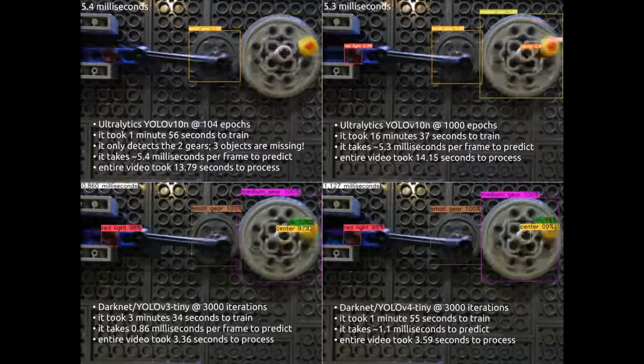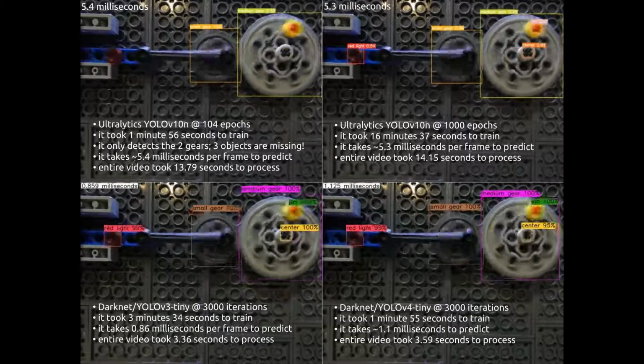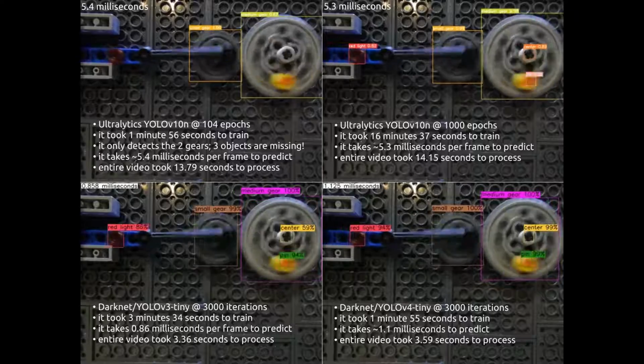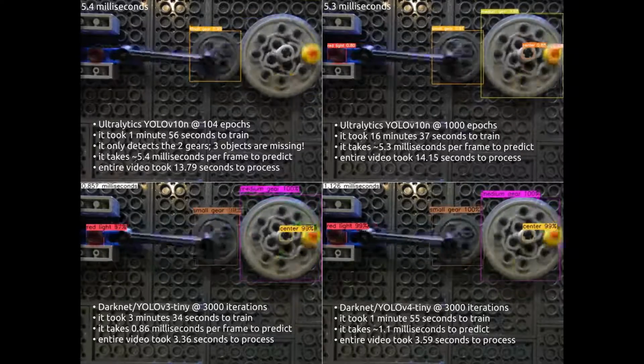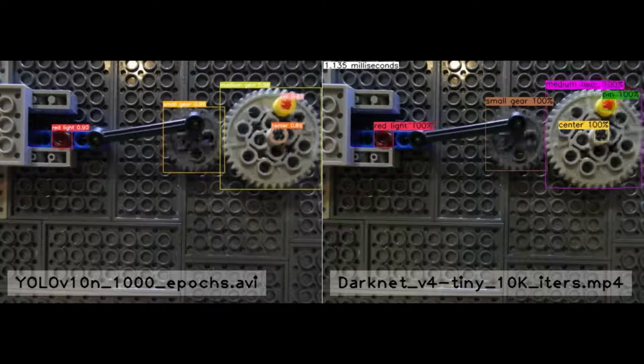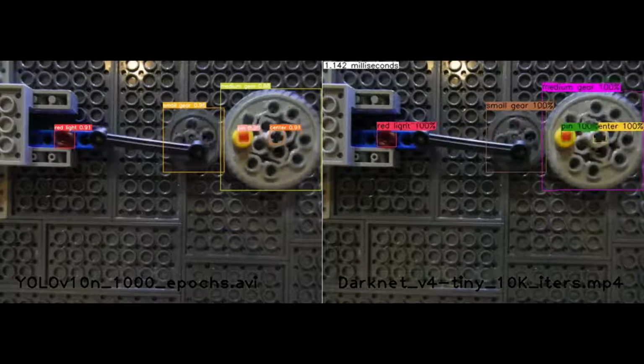So let's quit from this 4-panel video and I'll bring up a side-by-side comparison of YOLOv10N and YOLOv4 Tiny. After the time it takes to train, the first obvious difference is the time it takes to process each frame.